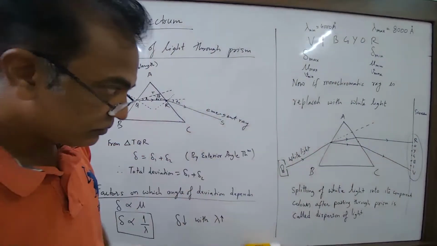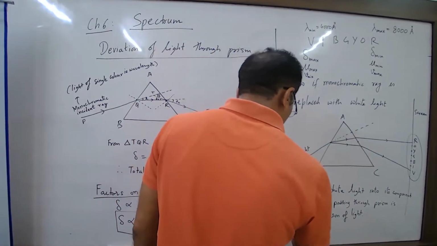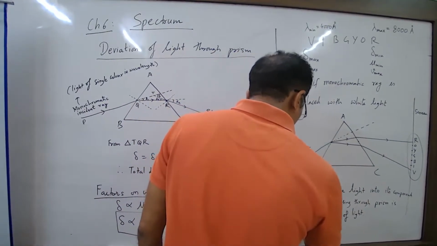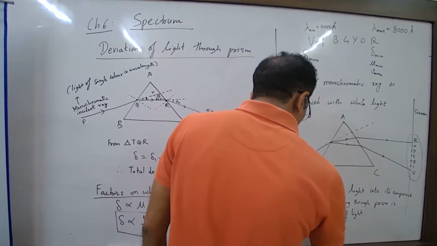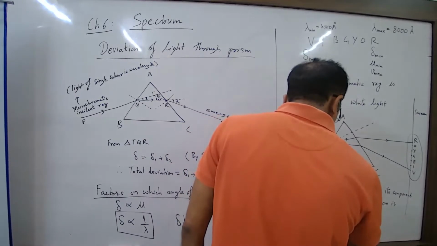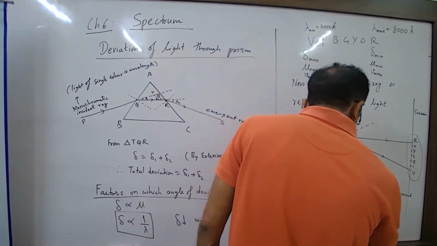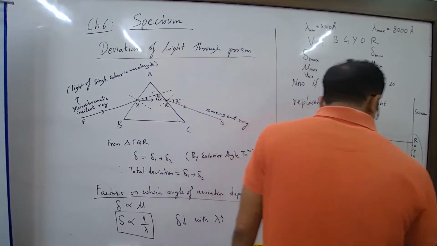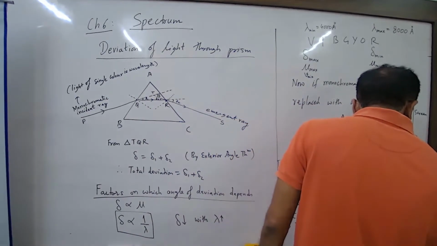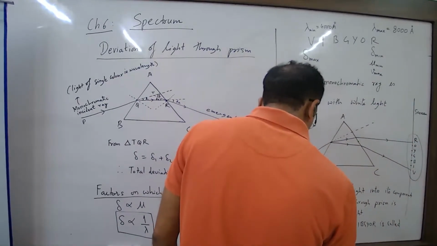This band of colors is called the spectrum of white light.